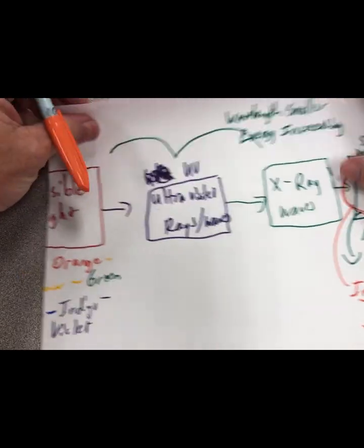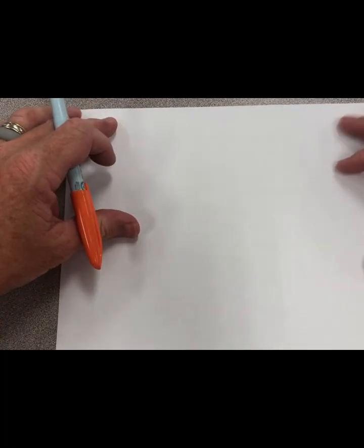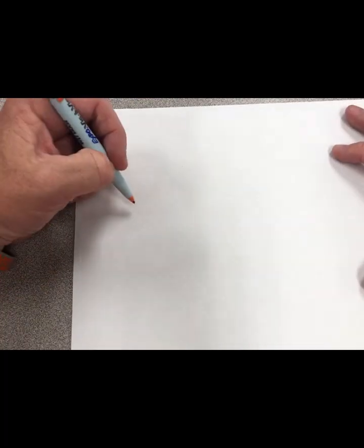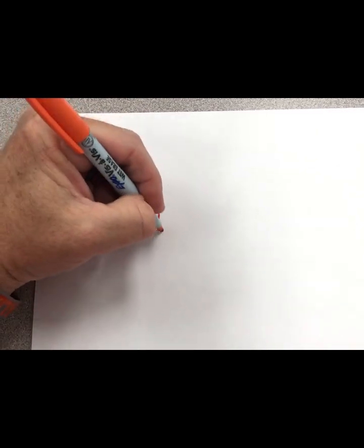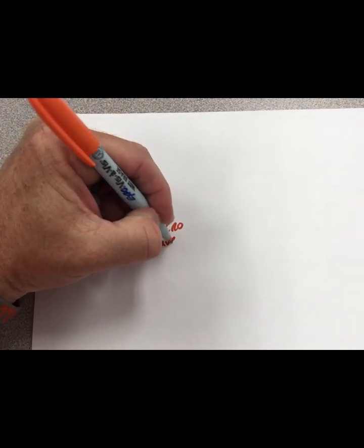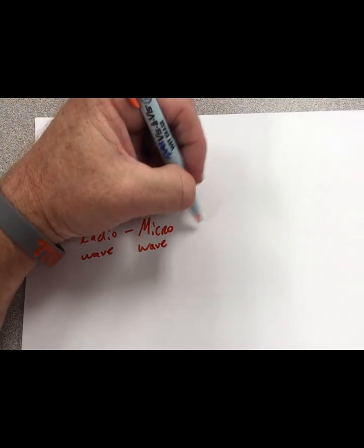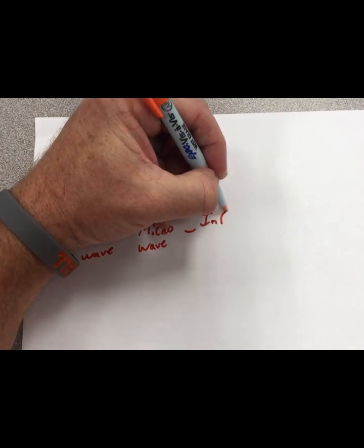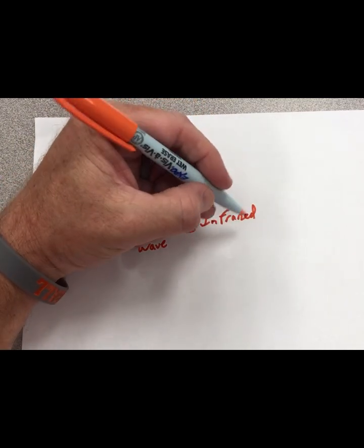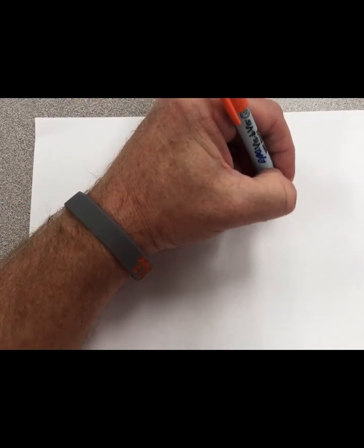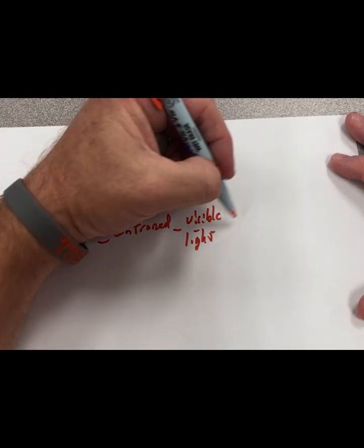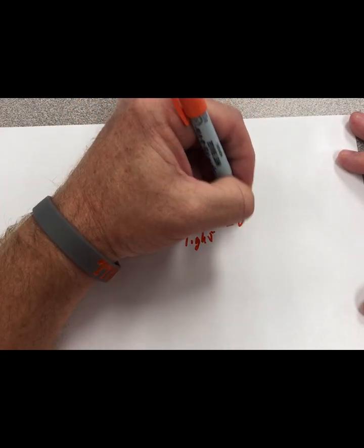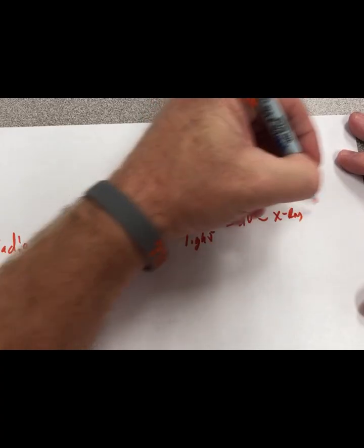One other thing I want to show you and mention about the electromagnetic spectrum is as you go from radio to micro to infrared to visible light, and as you continue, UV, X-ray, gamma.